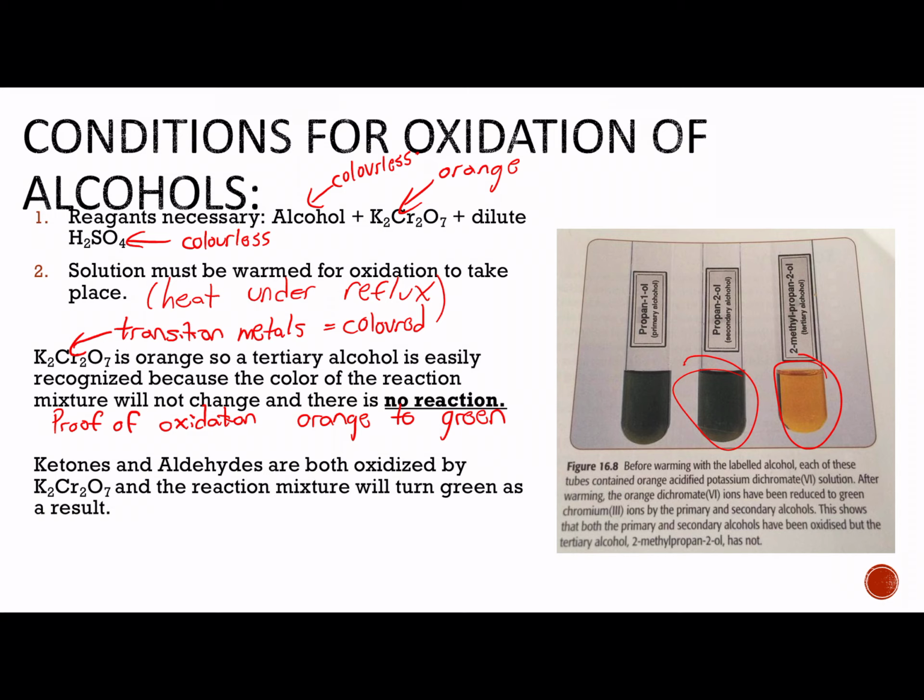And I do want to point out that for MnO4, there's also a color change. If you were to use permanganate instead, it starts out as a purple color, and it changes to colorless when oxidized. So go ahead and write that down because those are the color changes that you need to be aware of.